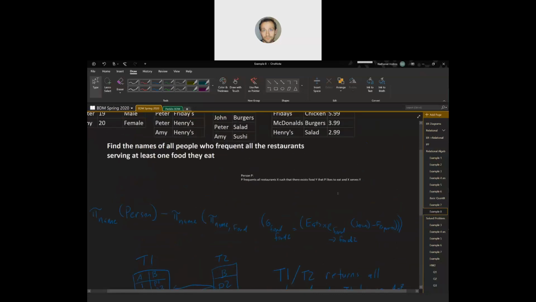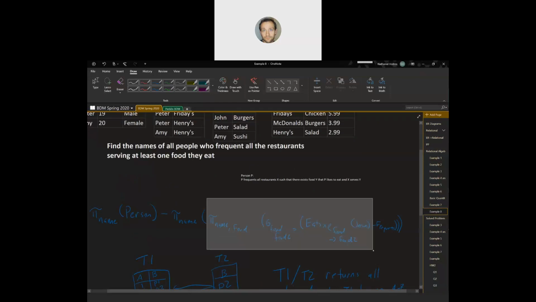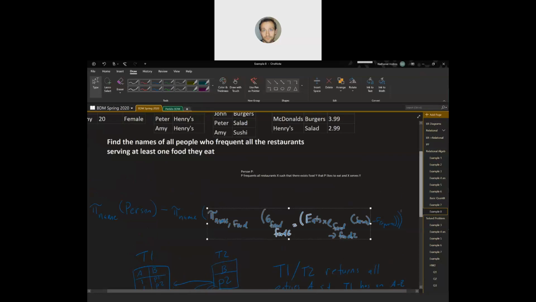So here, you take all of the possible foods that people eat, and you remove from that those restaurants that serve them. Sorry.